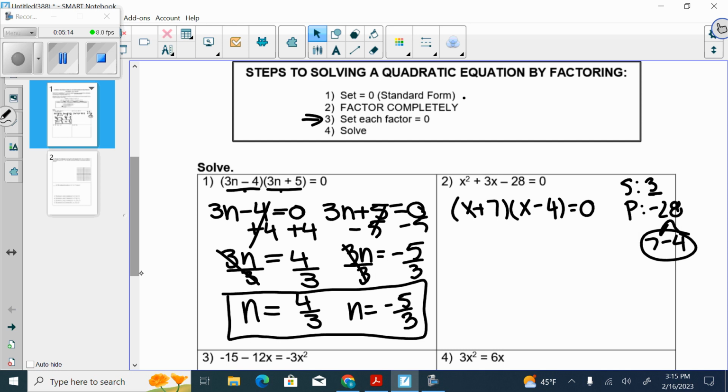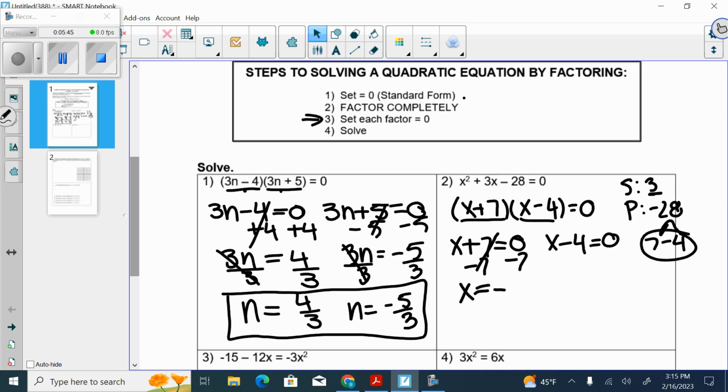Step number 3 says we do what with our parentheses? Very good. So I'm going to take x plus 7 and set it equal to 0. And I'm going to take my other parenthesis, x minus 4, and set it equal to 0. If I want to solve for x, what are we going to do to move that 7? Subtract it. What is 0 minus 7?